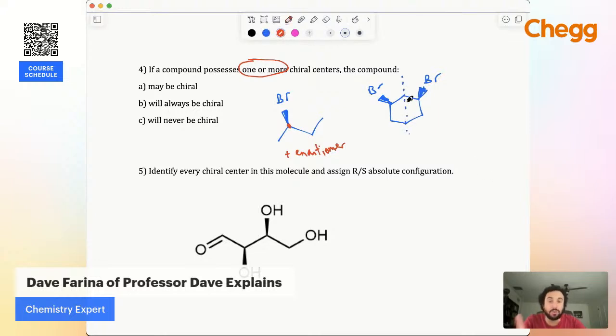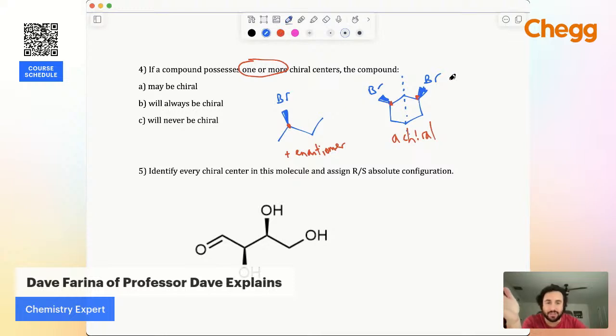There are two chiral centers here, because from the perspective of this carbon there are four different groups: the bromine, the implied hydrogen, this way around the ring, and this way around the ring, which are different because if you go this way, you hit that bromine, and if you go this way, you don't. So these are two chiral centers. However, the molecule is achiral overall because of the internal plane of symmetry.